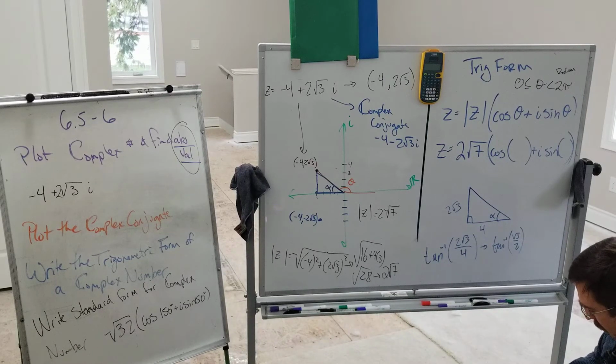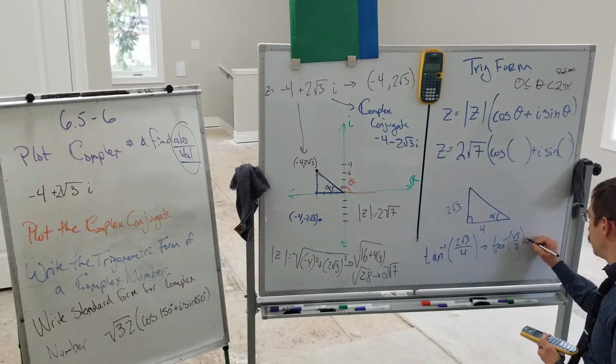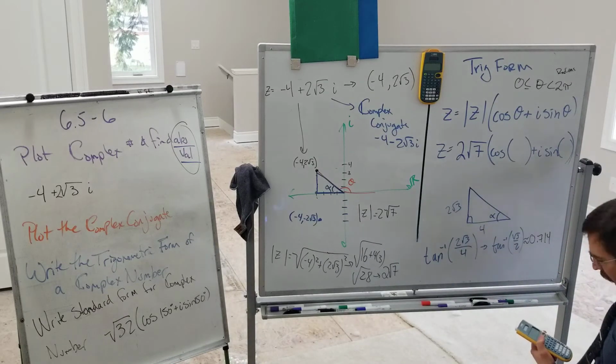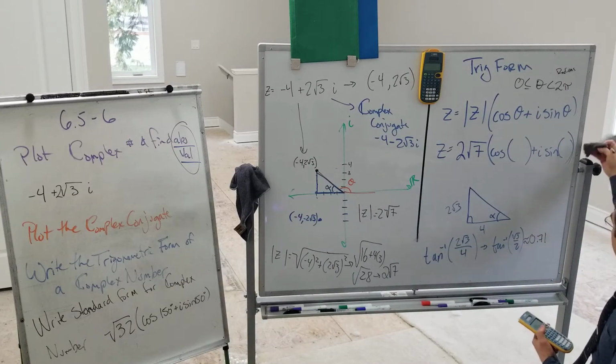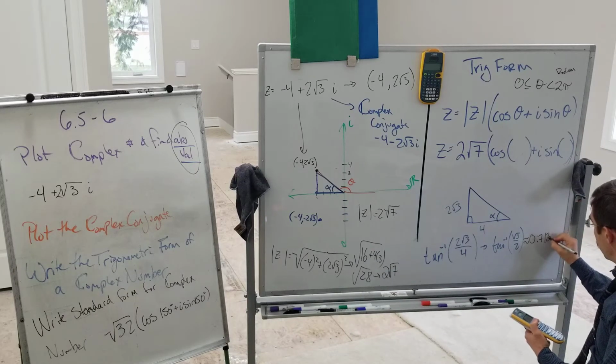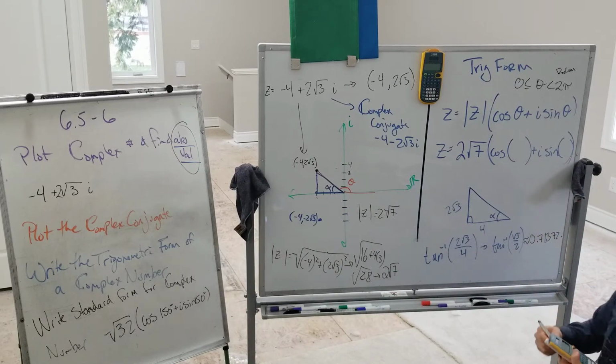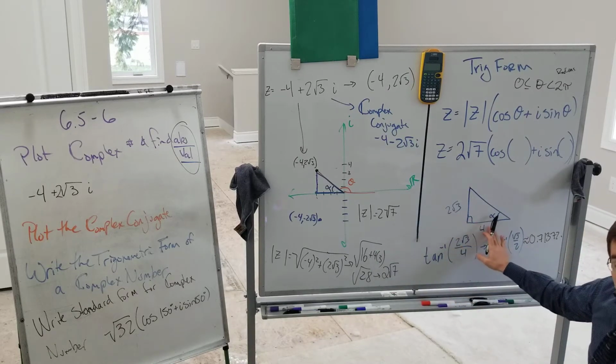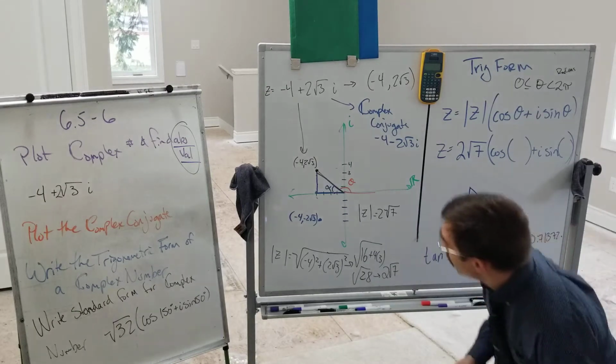And we get, make sure you're in radian mode, about 0.714. That's alpha. So this arctangent of opposite over adjacent gives me my alpha.